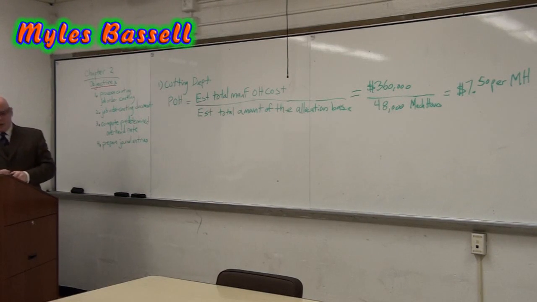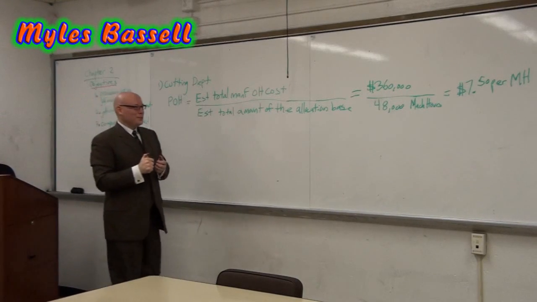If it was 100,000 machine hours, what would be the predetermined overhead rate? Go ahead, tell us. What would it be? For 100,000 machine hours, what would be the predetermined overhead rate? 36?